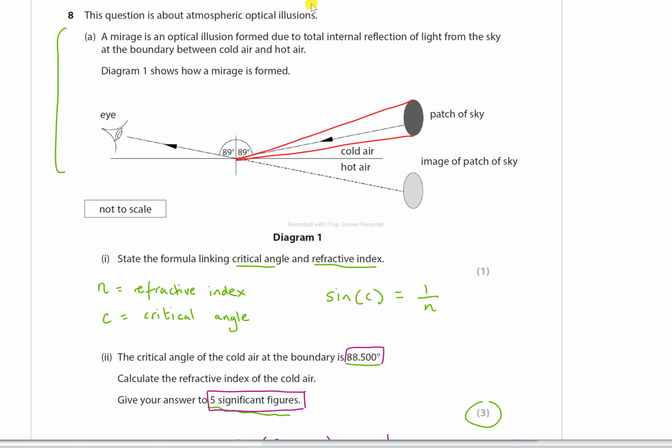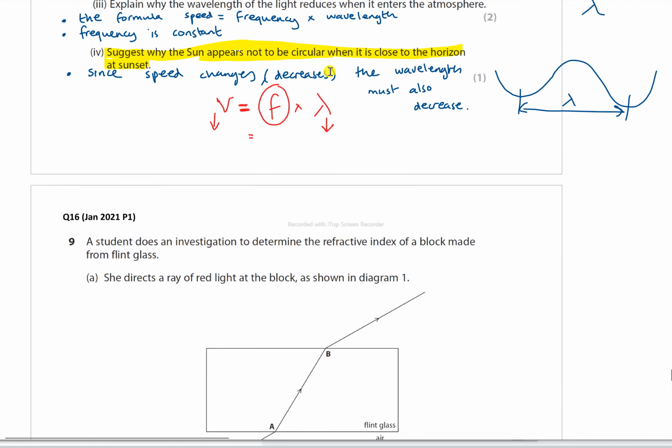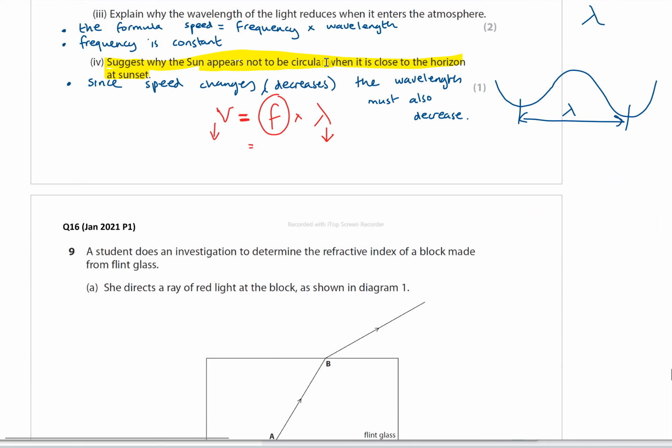So what's going to happen is it's going to hit your eye, so it's going to end up looking slightly distorted. So what we can do is let's get a nice color.